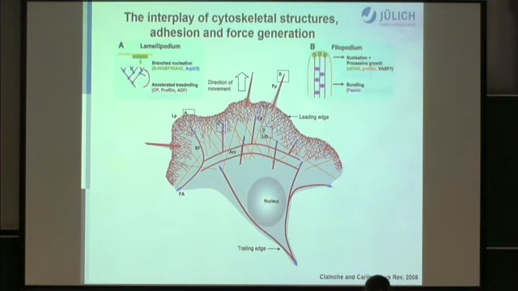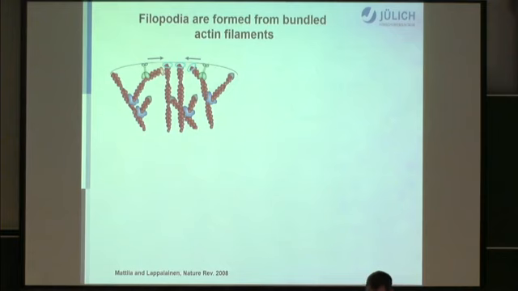The filopodium starts with the structure you've seen before in the lamellipodium. Here you have the Arp2/3 complex, the branching of the system, and then at specific locations, around 20 to 30 actin filaments become bundled by specific cross-linkers.